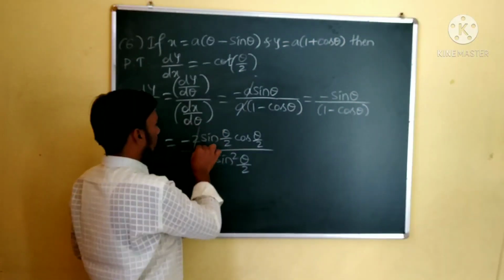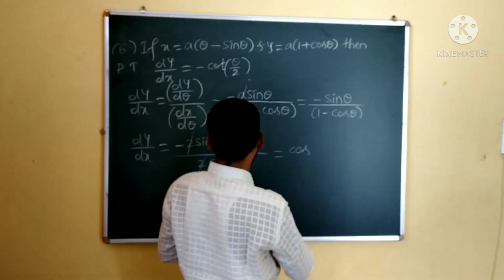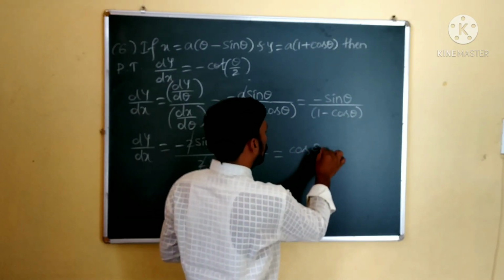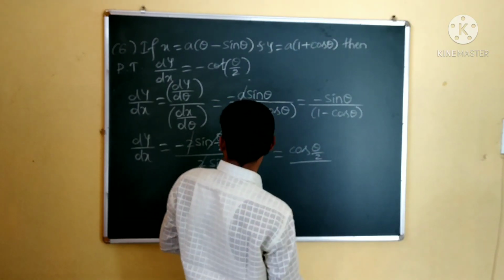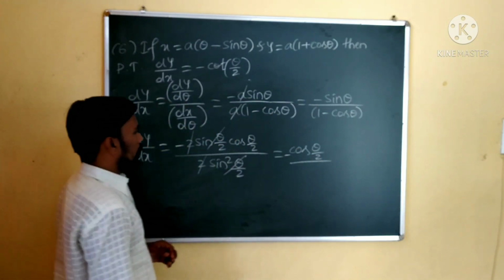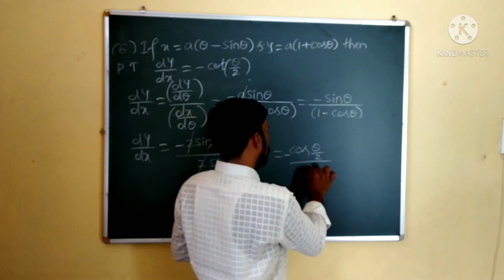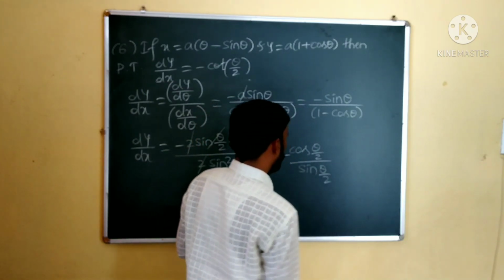So 2 and 2 get cancelled, and one sin term will also be cancelled. I am left with only cos theta by 2 divided by sin theta by 2, with the negative sign also.